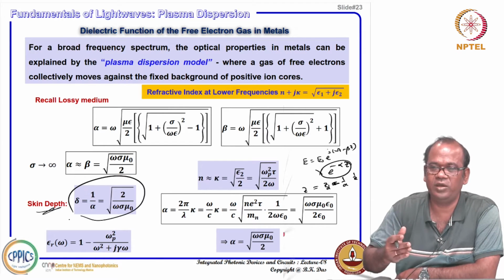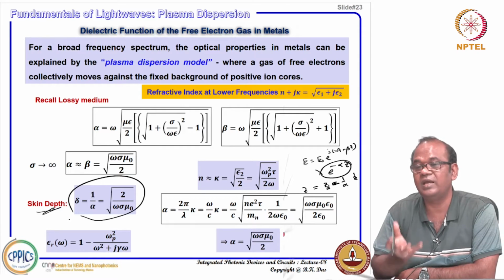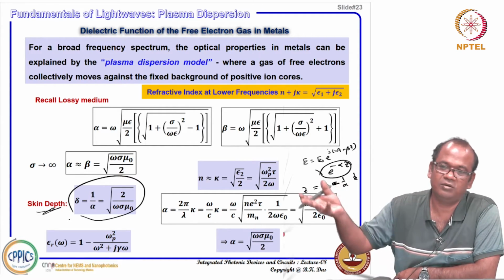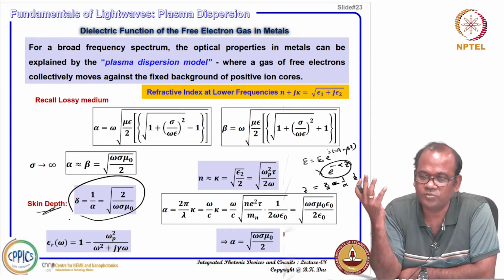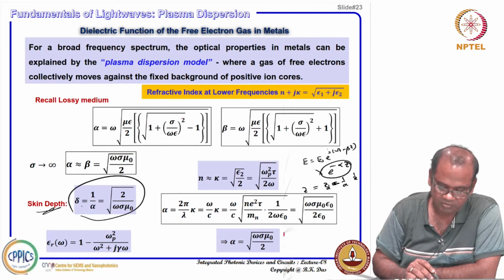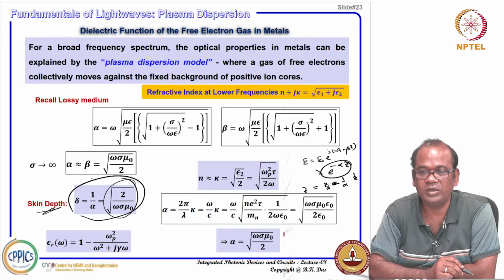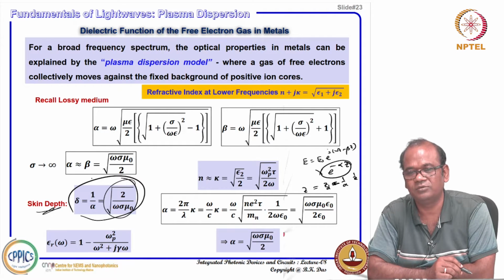If an electromagnetic wave at high frequency or in a medium of very high conductivity travels, and you can have an optical frequency also, then after traveling this much length it will be attenuated to 1 by e. That is called the skin depth.